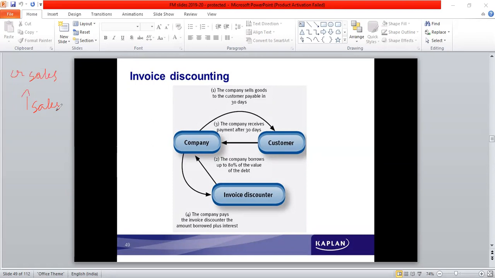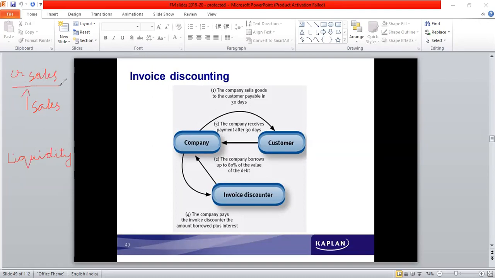So the operating cycle increases. So these are issues. Then another major important thing is liquidity gets affected. When liquidity gets affected, then they have to find other sources of finance, raise finance from other sources, and then increase their cost of capital.